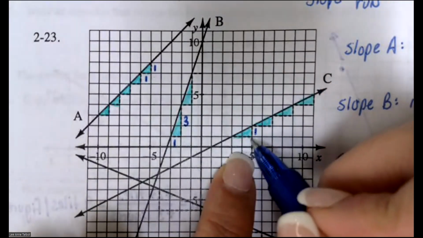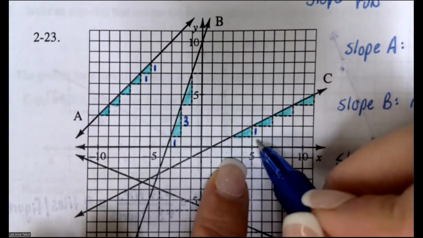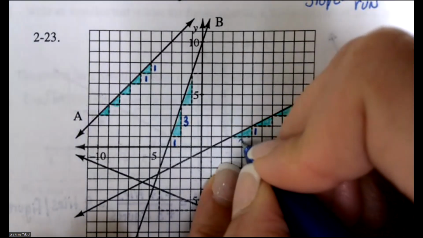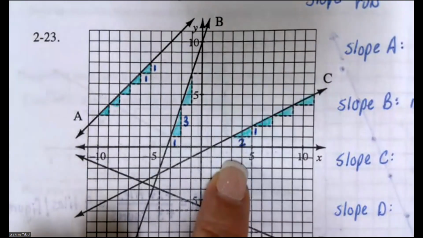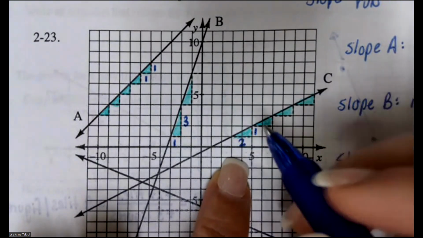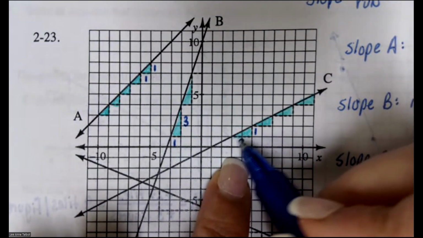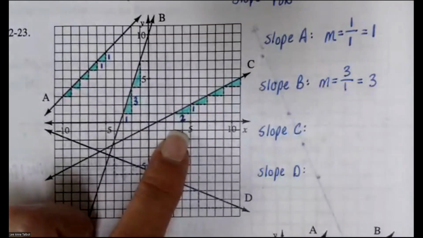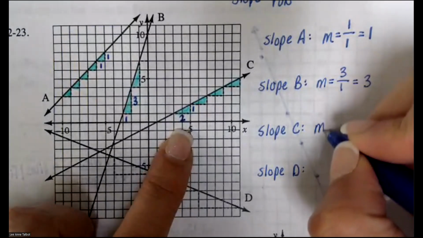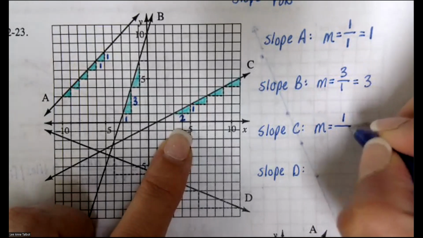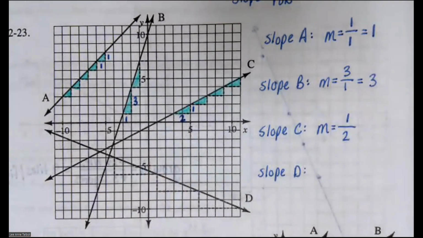The height of the triangle is 1. The base of it is 2. The height is 1. The base is 2. So the slope is rise over run, 1 over 2.